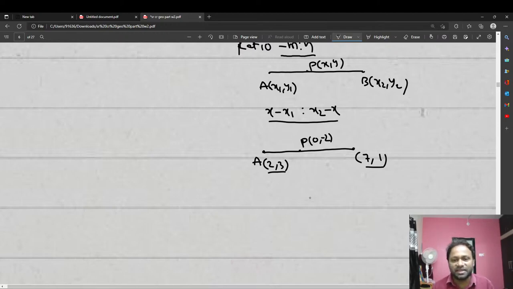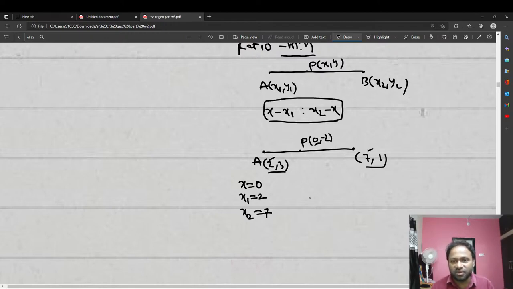In the simple method, x value is 0, x1 value is 2, x2 value is 7, isn't it? Substitute in this formula.